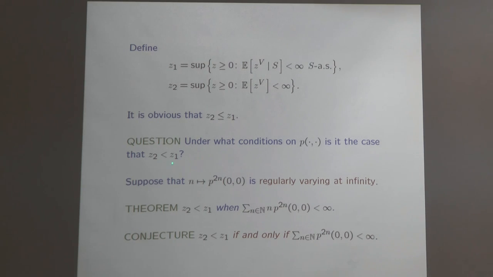And when they're not the same, something interesting is happening, because you can think of these quantities here as meaning the following. I have my two random walks and they are independent, and now I say each time you meet each other you get a reward, and the reward is a number z. And if z is larger than 1, it would mean the two paths get a reward each time they meet.